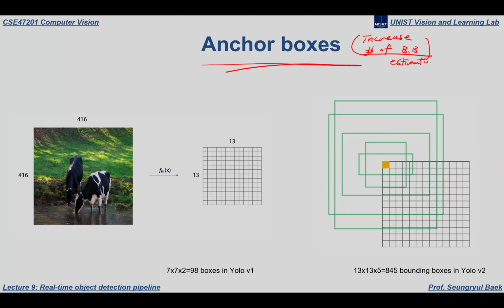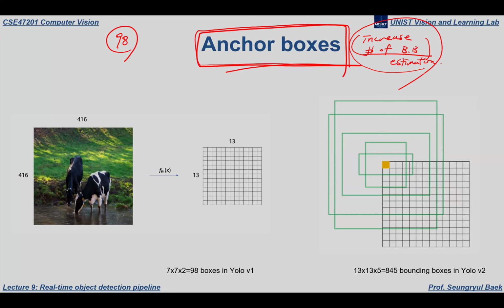As I told you before, YOLO version 1 estimates only this number of bounding boxes. That is the main reason why YOLO version 1 suffered from low recall. But using the anchor box scheme, they actually want to increase the recall of YOLO version 2.